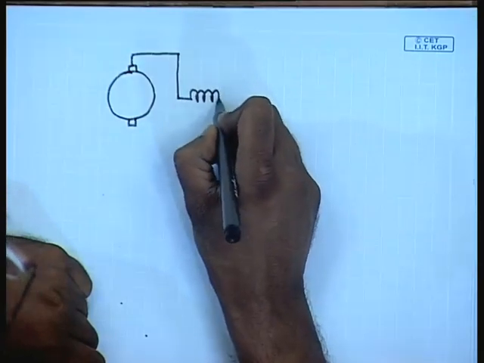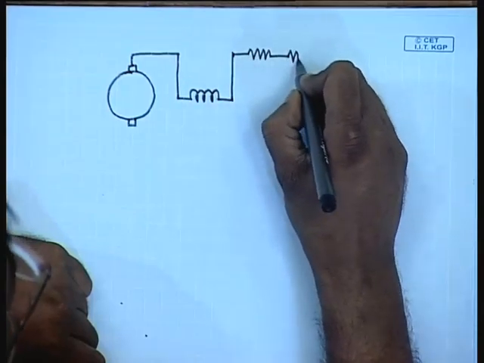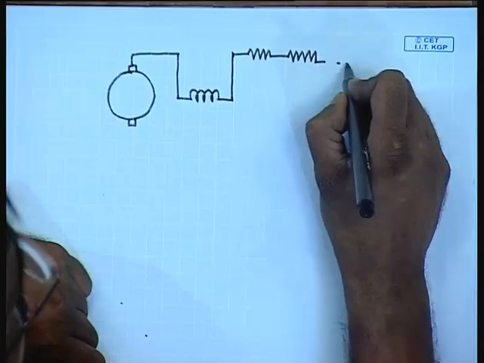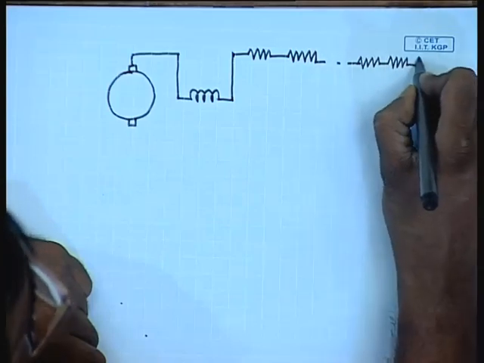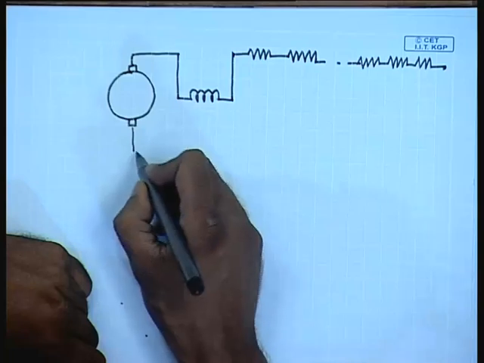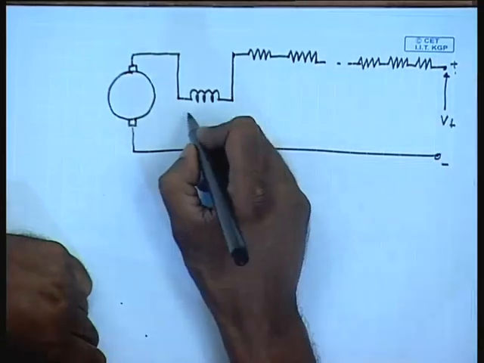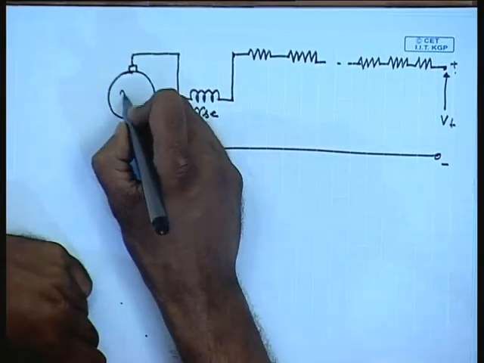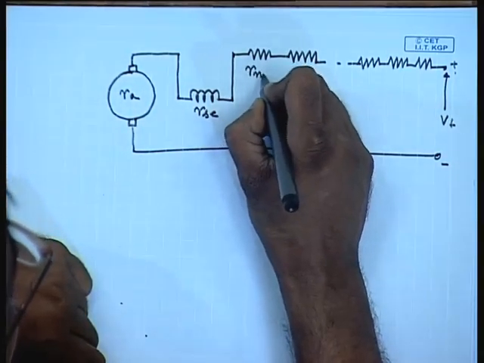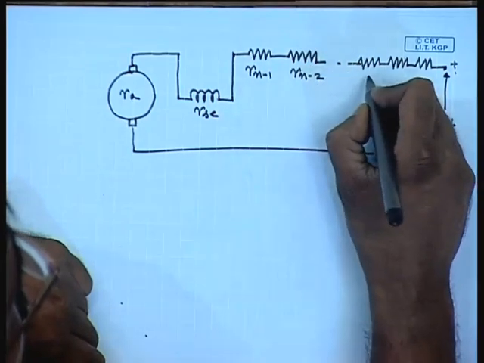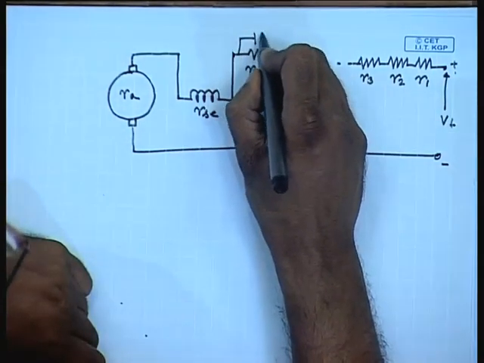This is the field winding, these are several resistances, so this resistance is R a c, armature resistance is R a, let us say this is R n minus 1, R n minus 2, R3, R2, R1, and these are the shorting contactors.